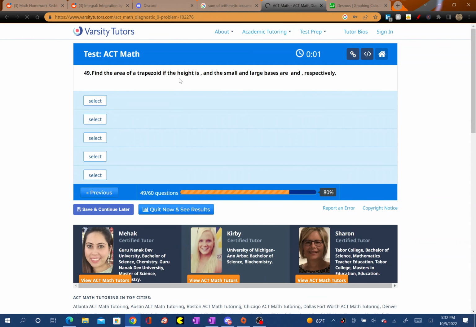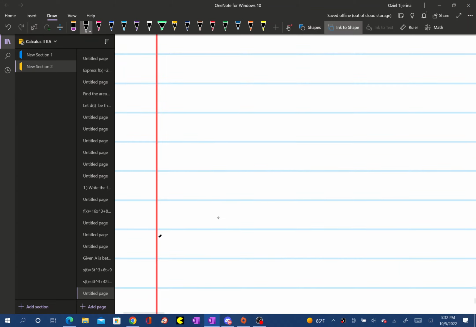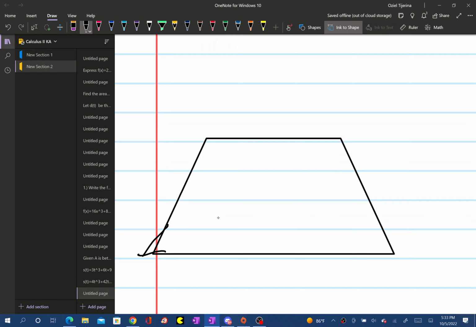Find the area of a trapezoid if the height is 2x. Okay, so, let's see here. It's like this. We kind of do this, right?